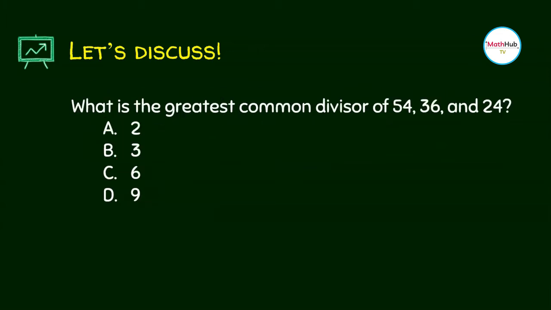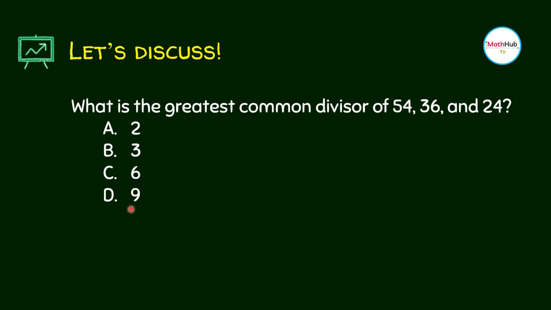What is the greatest common divisor of 54, 36, and 24? What is greatest common divisor? That is the same as GCF. But instead of solving for the GCF, you can just look at the choices. Alright, so since we're looking for the greatest, let us try 9.